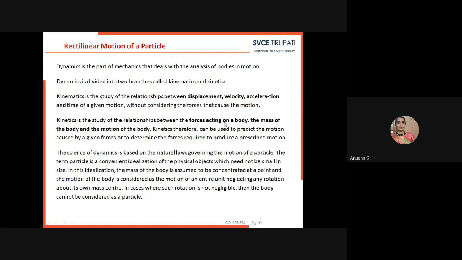Without any force causing motion, when the body tends to move, it is kinematics. When we apply some force and it moves, it is called kinetics. The science of dynamics is based on the natural laws governing the motion of a particle. The term particle is a convenient idealization of the physical object, whose size is small and negligible.